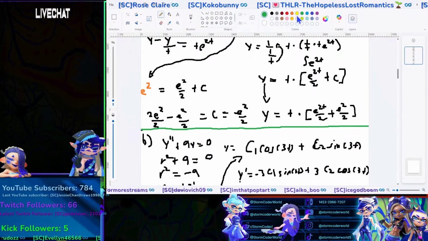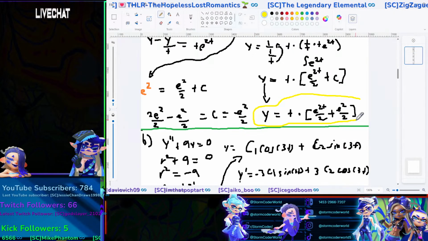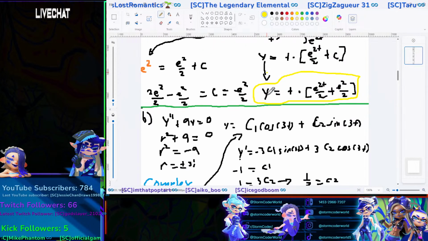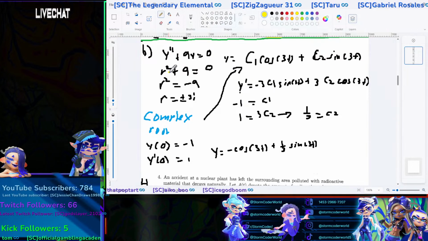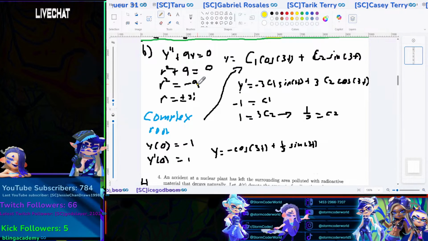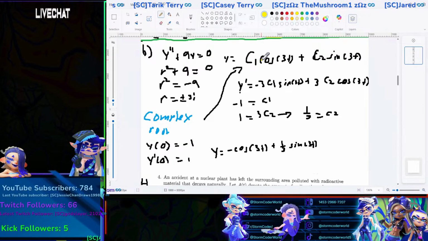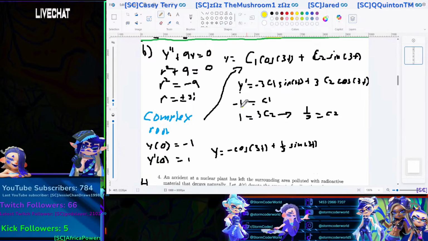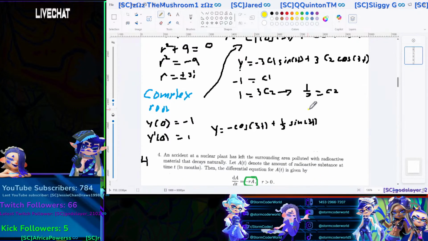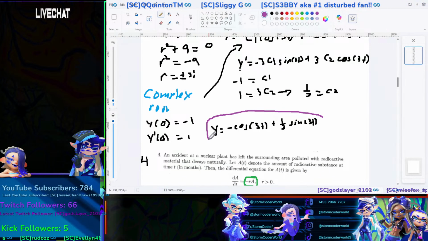I'll actually need to highlight this because I didn't highlight it already. But this is the answer that I did. And then complex roots, I divided this, got the complex root, got this plus minus 3i, and was able to create this constant form. Found the two constants, and then this was my final form for this question here.